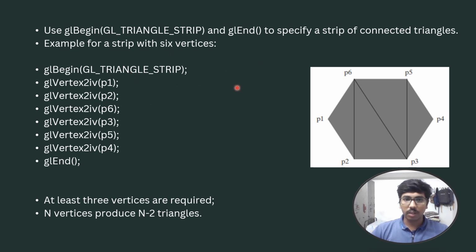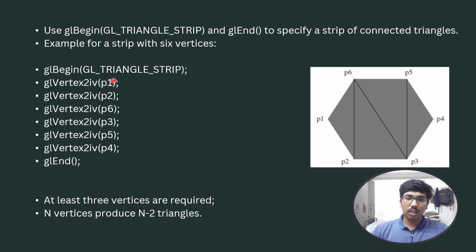It splits into 1, 2, and 6 as a triangle, then 2, 6, and 3, then 6, 3, and 5, then 3, 5, and 4. At least three vertices are required, which is the same for every polygon we create. If the number of vertices is n, the number of triangles produced is n minus 2. If there are eight vertices, we get six triangles.